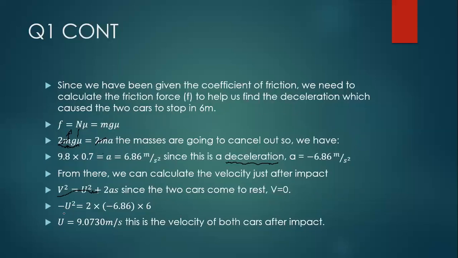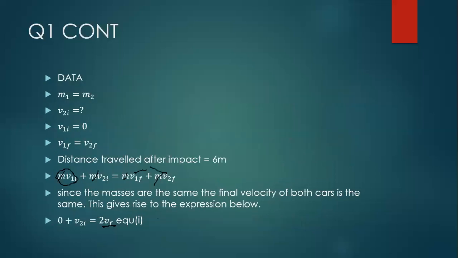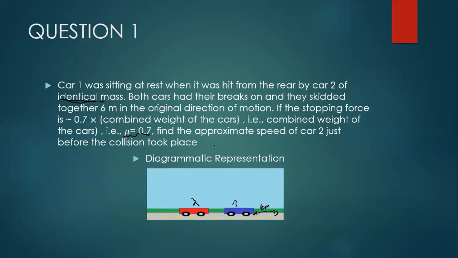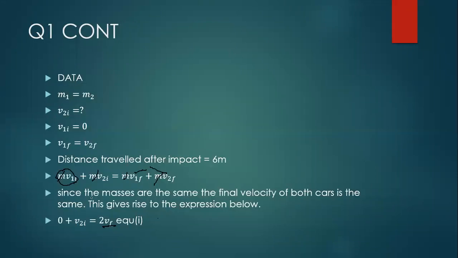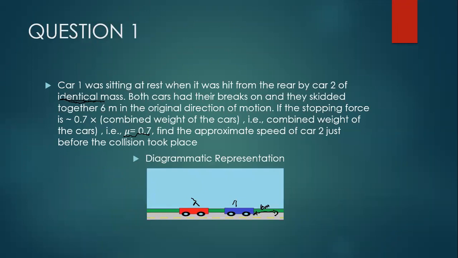Meaning we have found this velocity after impact, which is the same as this one. Then, for us to find what the question is asking, the approximate speed of car 2 just before collision took place, once we have found this one, we can find the velocity before impact.